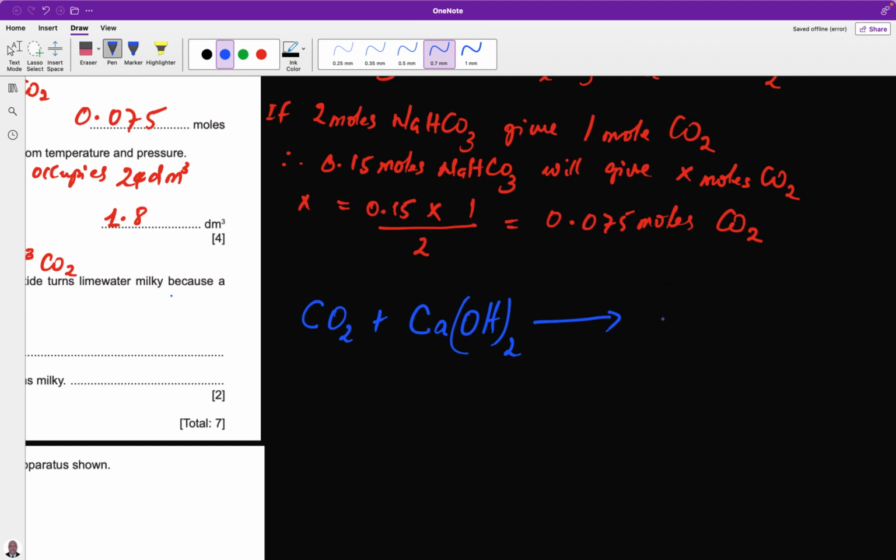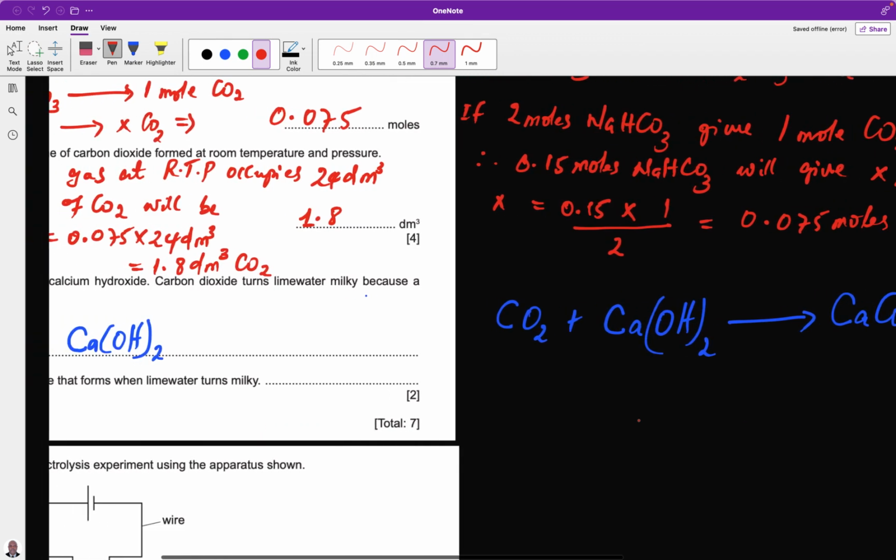There is calcium carbonate that is formed, and water. The calcium carbonate is solid. Therefore, this is what causes the precipitate, the precipitate that is being deposited, which is the calcium carbonate.